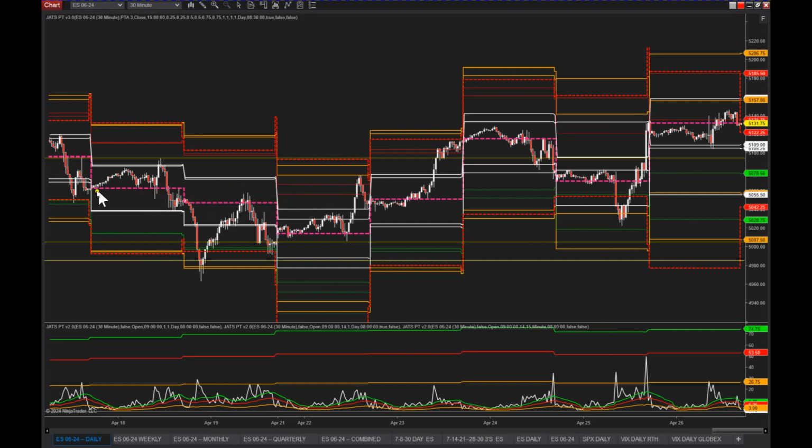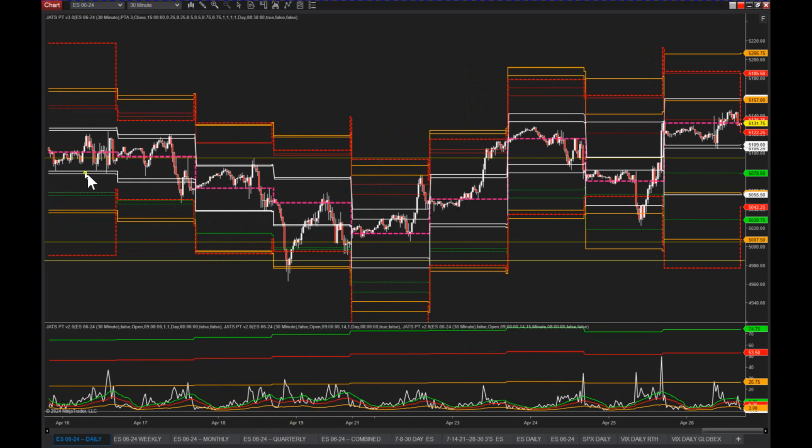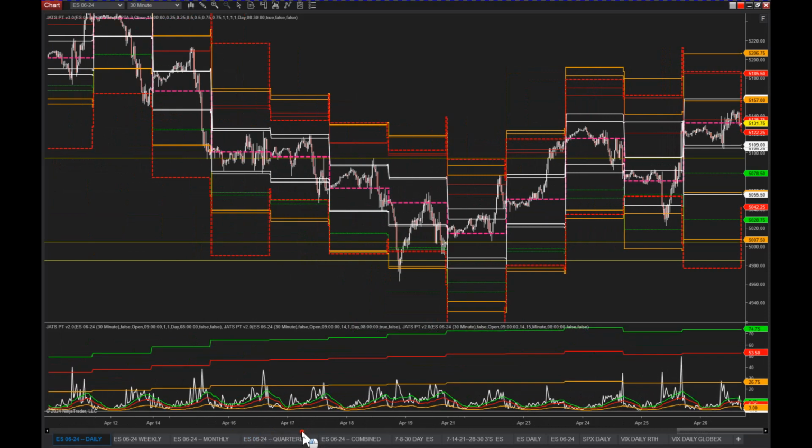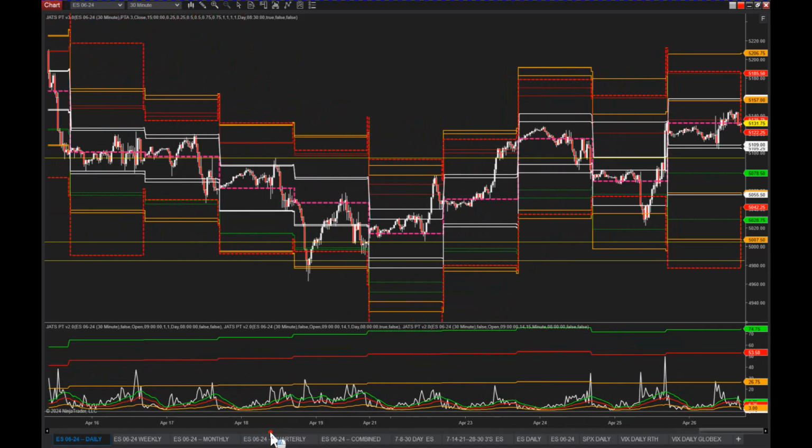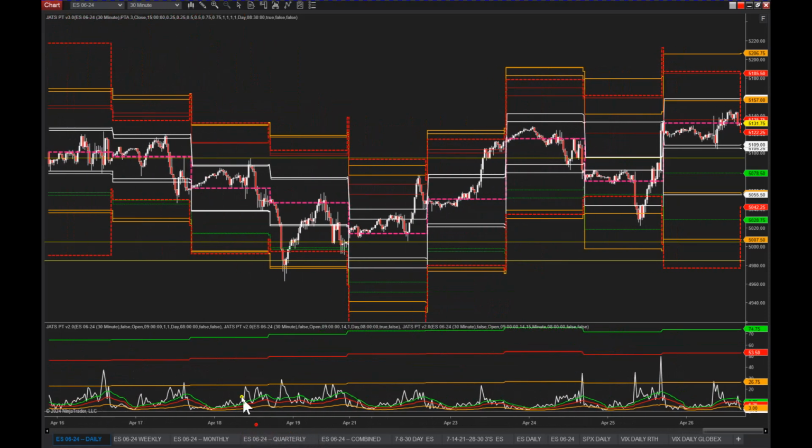So you have to add more days to get days behind that you'd like to be able to see how the distribution worked out. So at least 154 daily, and you can see that the price has been respecting those threes.